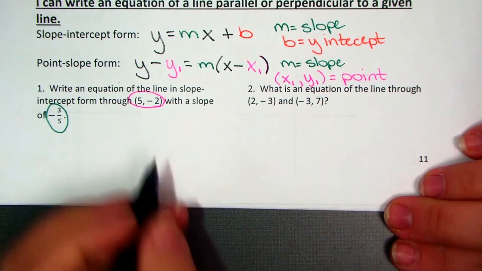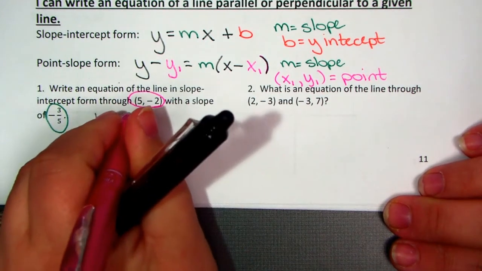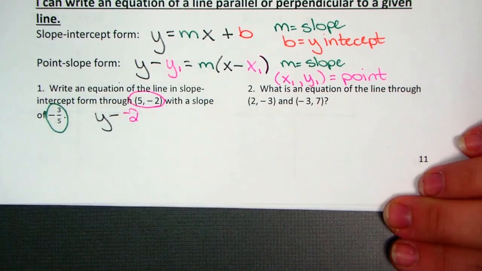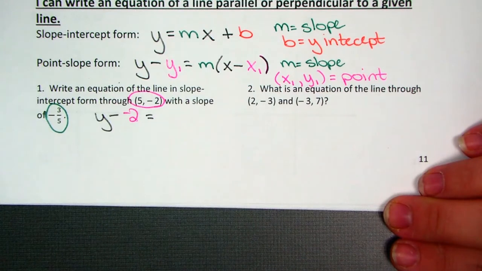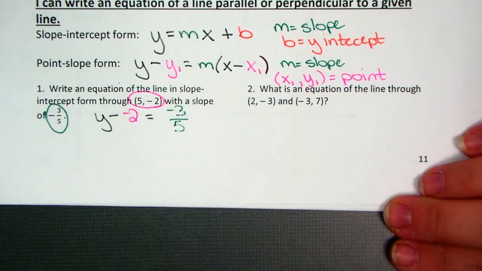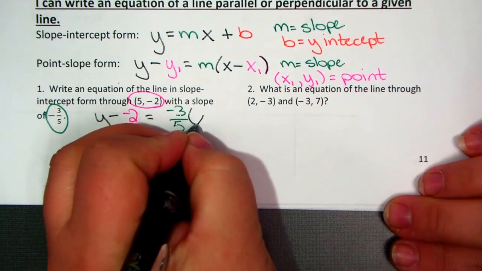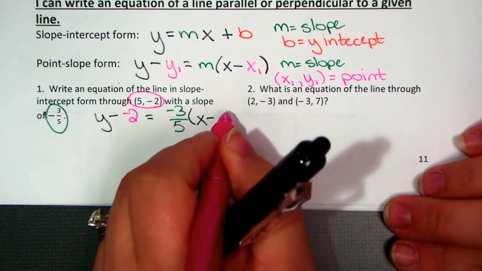So we have y minus my y coordinate, -2, equals my slope, -3/5, and then x minus my x coordinate, which is 5.